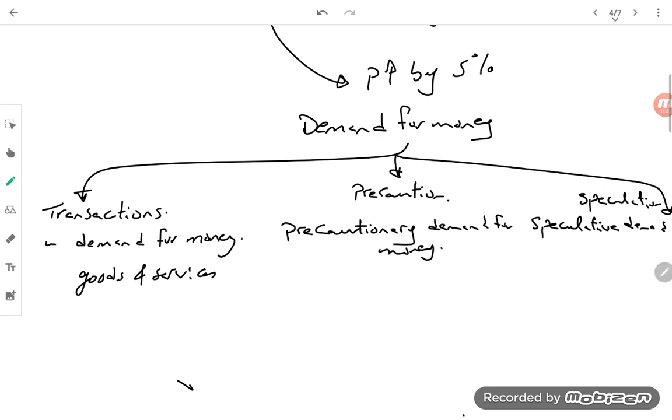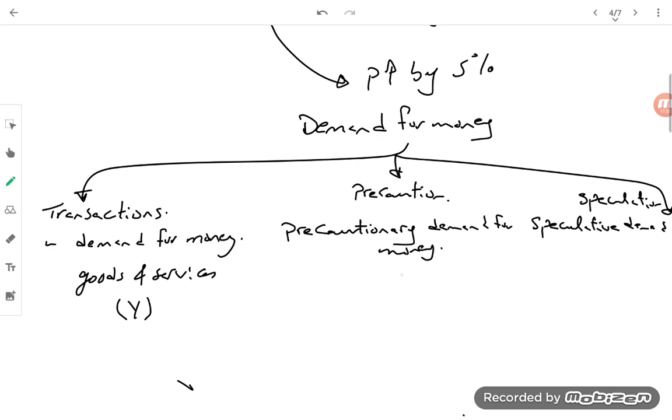Transaction demand for money is highly related to income, which means that transaction demand for money depends on the money income available for the consumer or the demand side in the market.